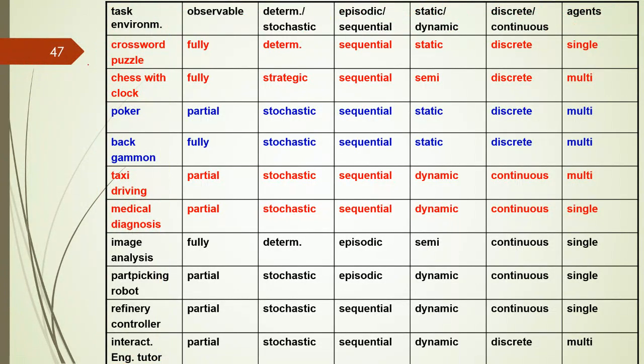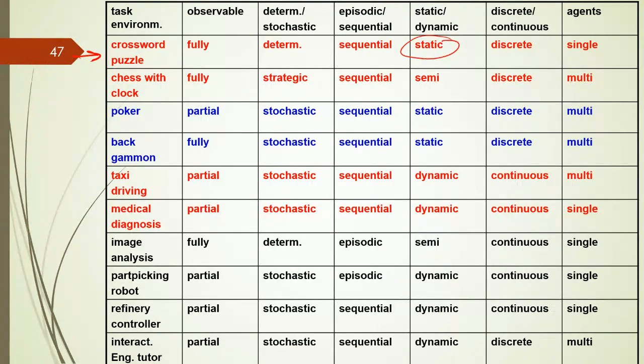I'll look at a couple of them. Say, crossword is fully observable. You can see everything. There is no hidden information. It's quite deterministic. There is nothing stochastic, nothing changing probabilistically inside. It's sequential. It's not episodic.